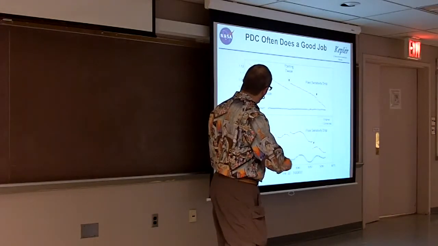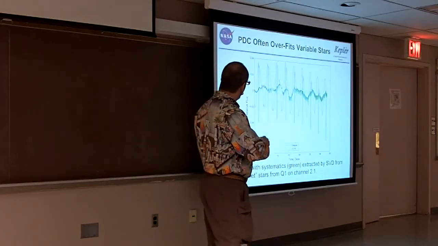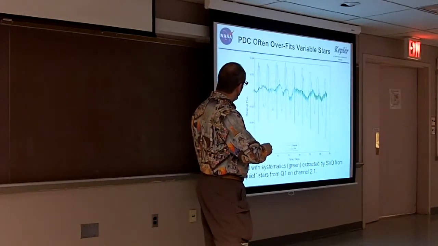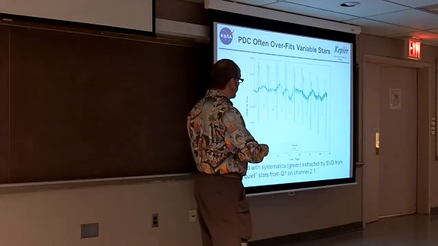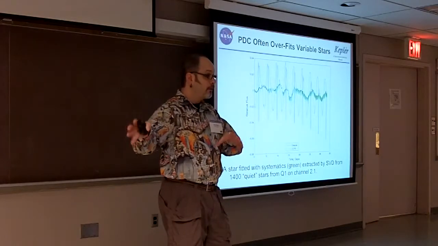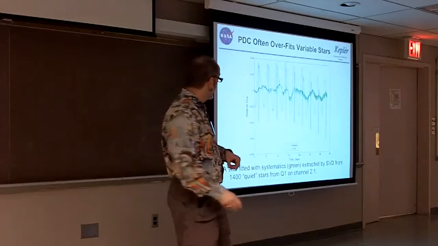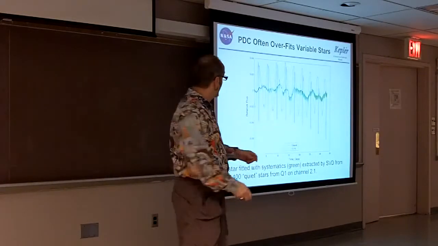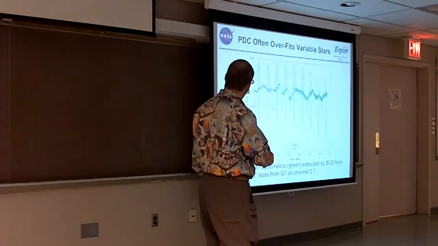In these two cases, it's doing a pretty good job. But I'll show you an example where it's not. So the blue light curve, this is an eclipsing binary. It's got spot-induced variations on it. Very interesting astrophysically. But what we do with PDC is we're handing it a bunch of measurements of systematics or things that are associated with systematics, like pointing jitter, like the measurements of the pointing over time, and the focus change over time, and the temperature over time of the detectors, that kind of thing.